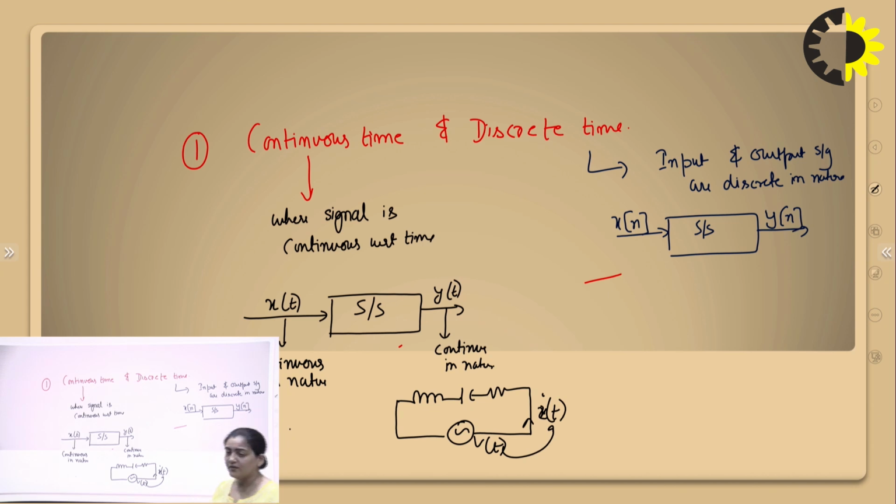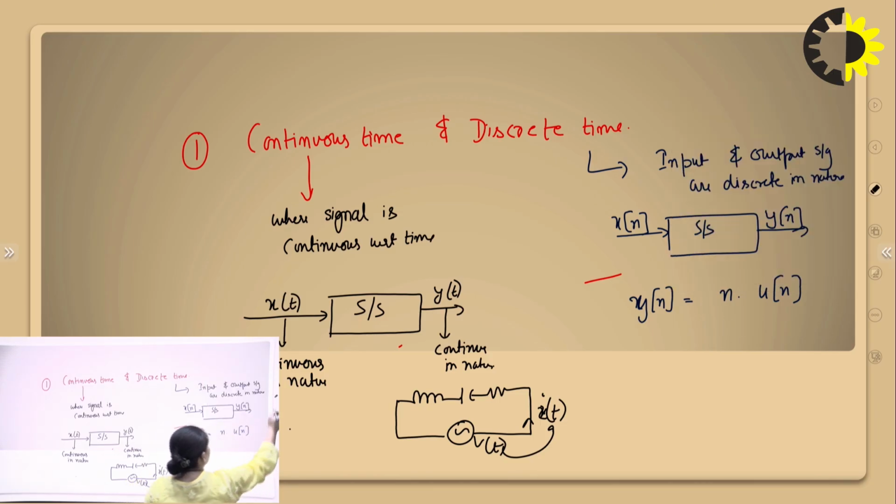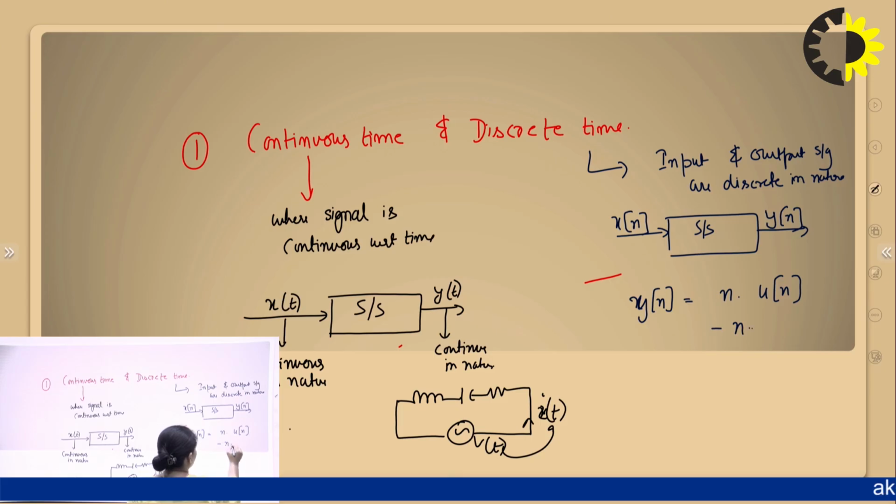Now, for example, suppose we have a system where y(n) is given as n times u(n) minus (n minus 2) times u(n minus 2). So this is a system.